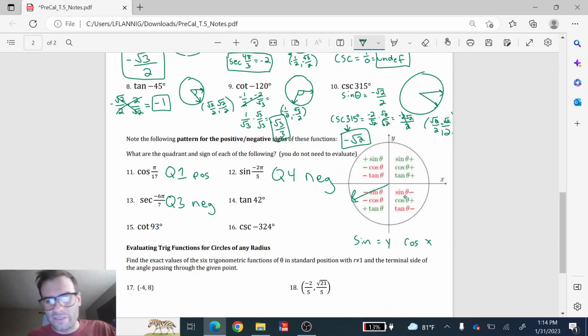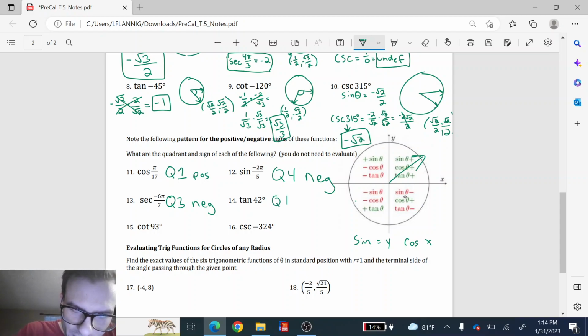Oh, cool, we have a tangent one now of 42 degrees. So we know 42 degrees is somewhere up in this section, and the tangent there is positive sine over positive cosine, and in quadrant 1, everything's always positive.